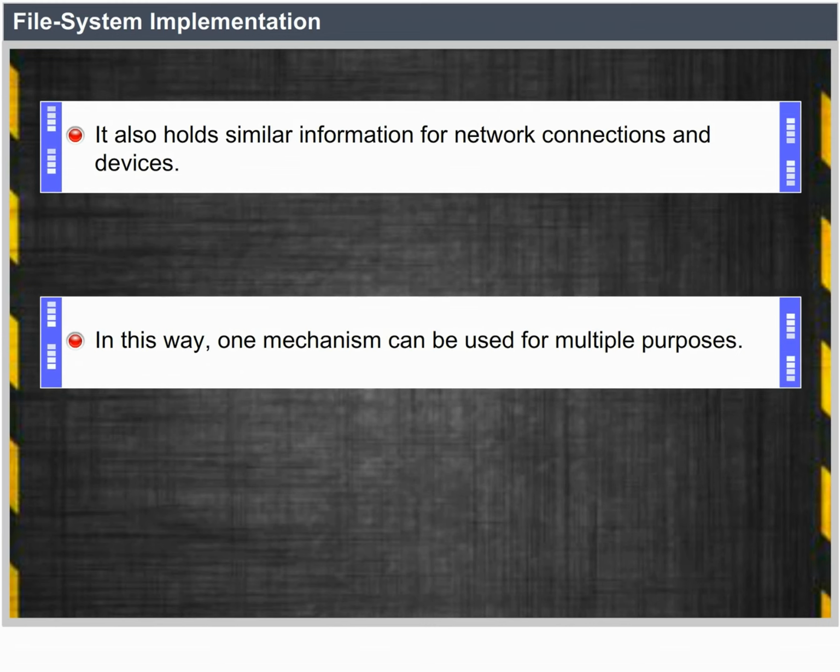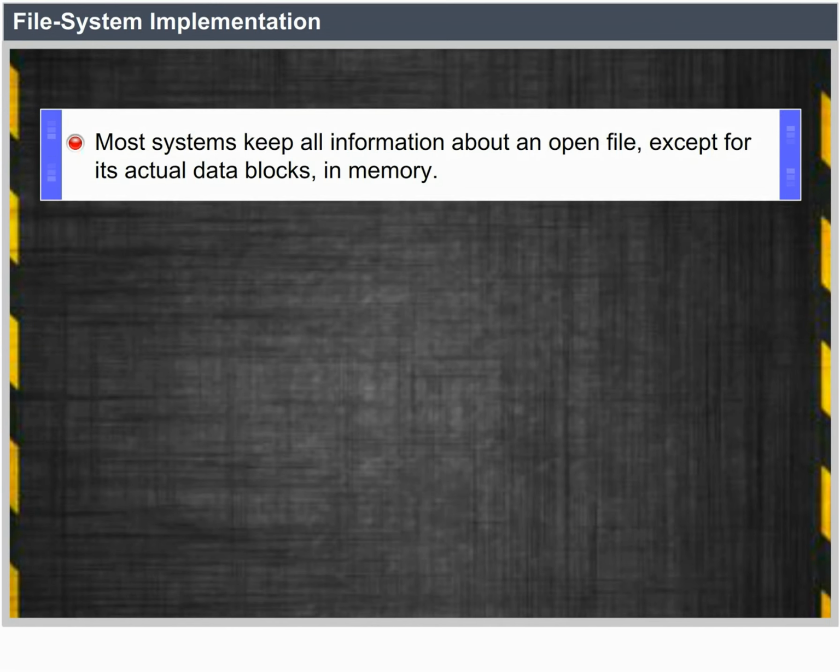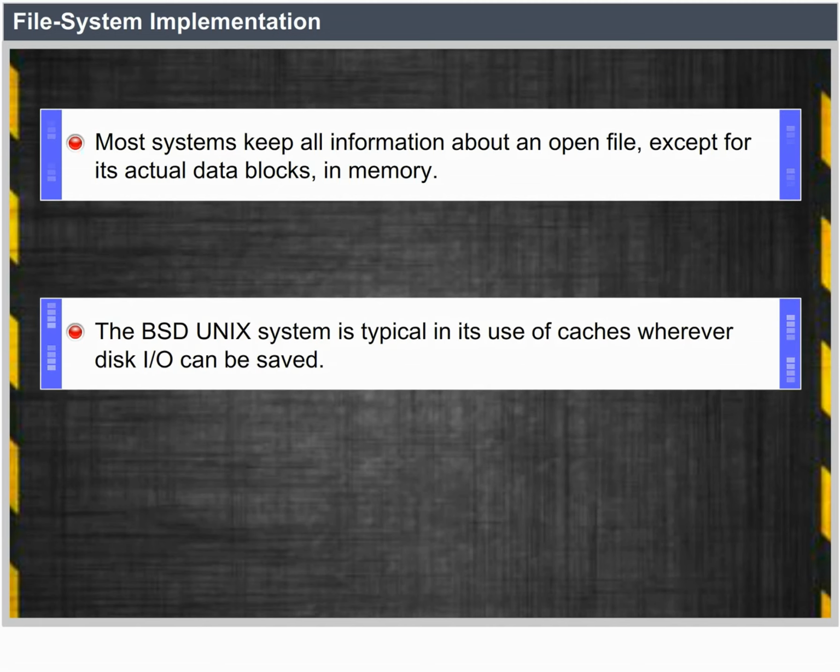The caching aspects of file system structures should not be overlooked. Most systems keep all information about an open file, except for its actual data blocks, in memory. The BSD Unix system is typical in its use of caches wherever disk input-output can be saved.